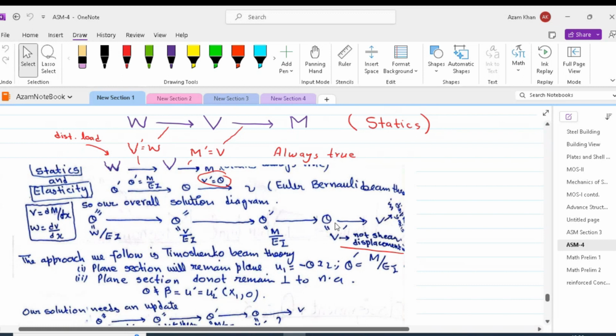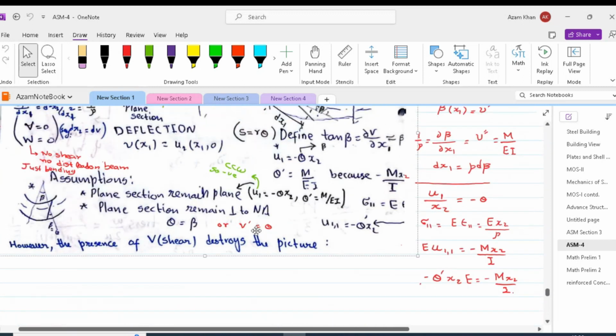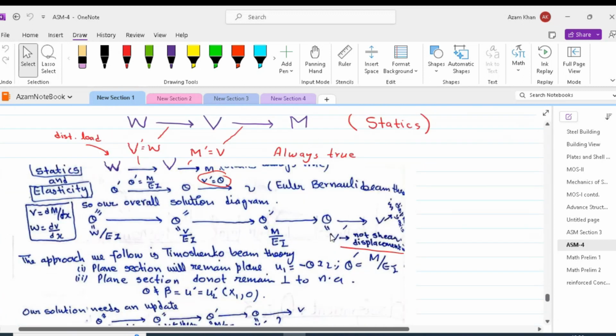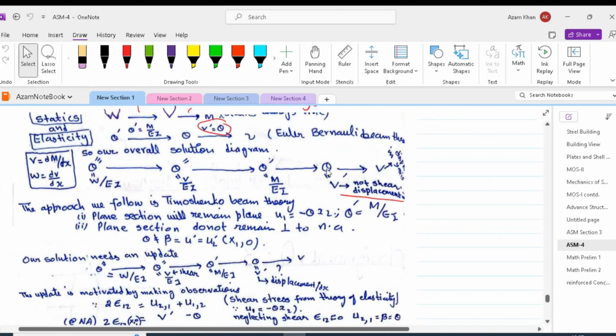From theta, we can then determine our vertical displacement as we have discussed over here. Since theta is equal to v bar, as we have derived, we can write theta double prime, which is actually d2 theta by dx squared, equal to M over EI.